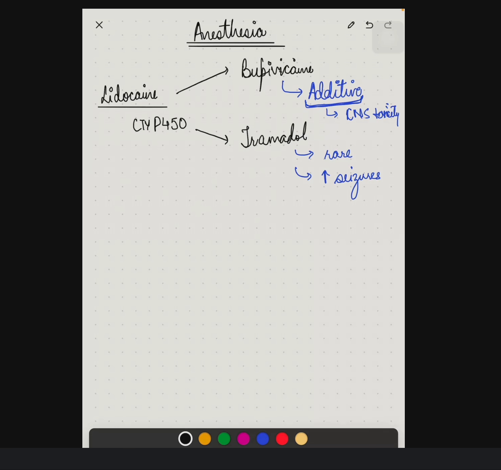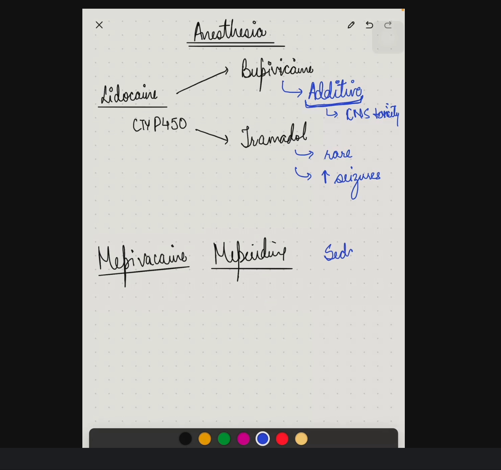On the other hand, the other anesthetic that shows interaction is mepivacaine, and it is seen to interact with meperidine, another opioid. Opioids lead to sedation, we know, and this sedative effect can increase the risk of LA toxicity or mepivacaine toxicity.